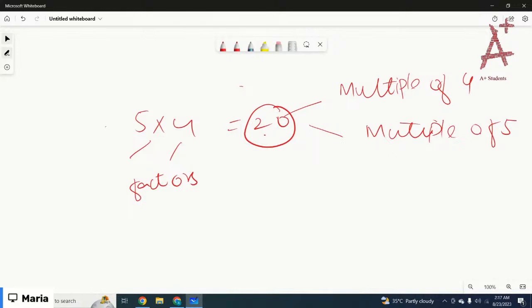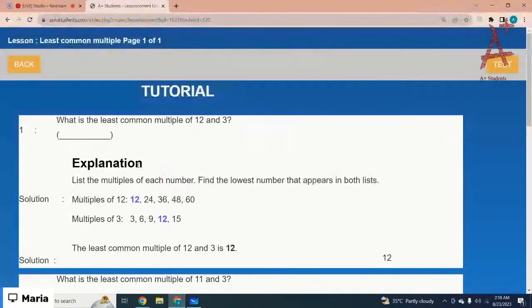So let's just start with the examples. You have to write down the multiples. Okay, let's just start with the first example.